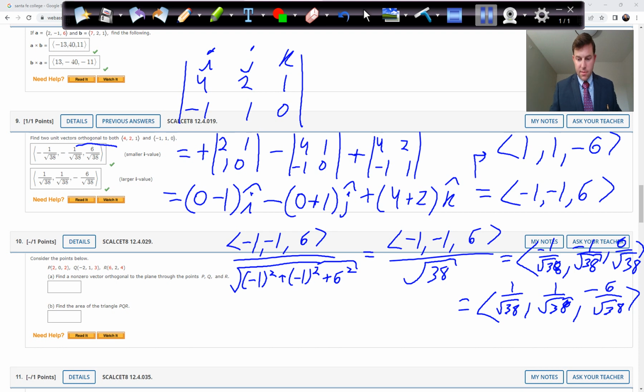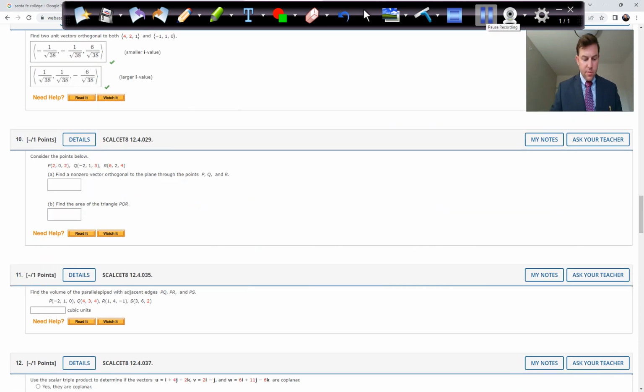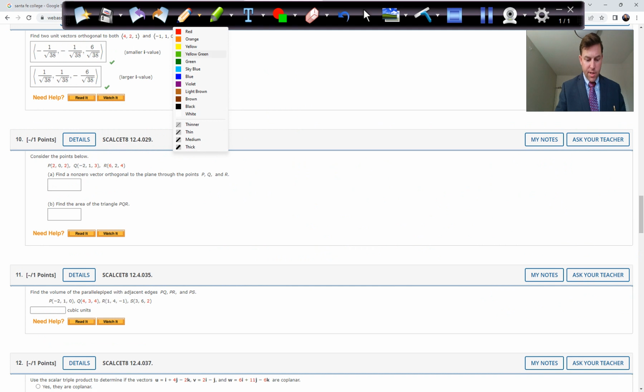Okay, for problem 10, they give us 3 points and they want us to find an orthogonal vector to the plane for which those points lie on. So first we just have to find 2 vectors that connect these points.